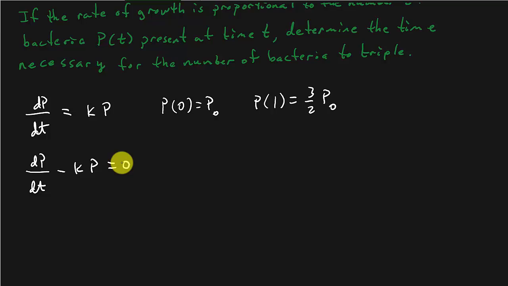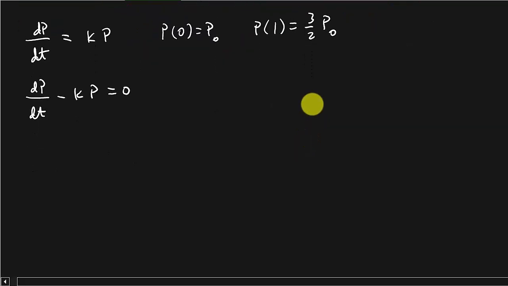We can find the integrating factor. That's going to be e to the what? E to the integral of negative k dt, which is e to the negative kt.